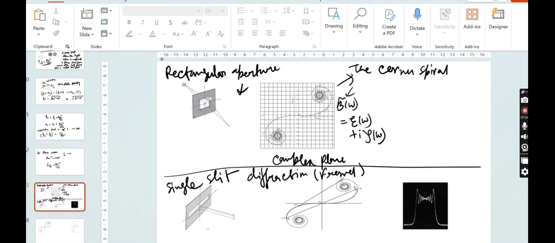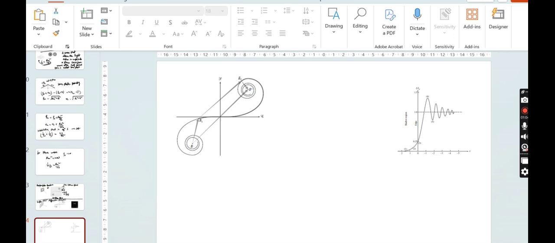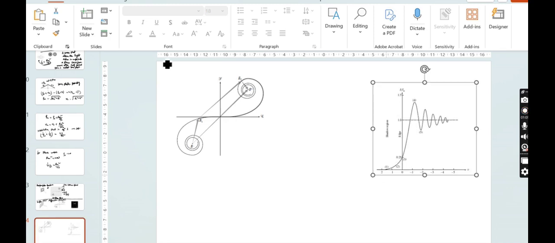This is the corresponding Cornu spiral and the diffraction pattern. This is the diffraction pattern by a narrow obstacle.